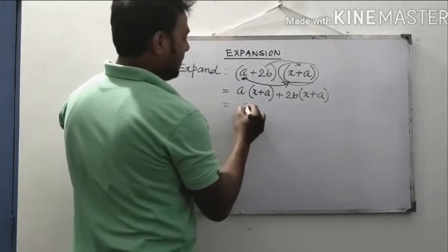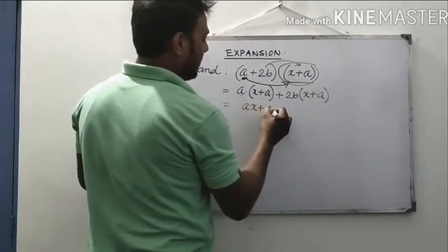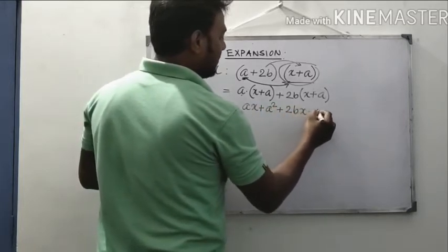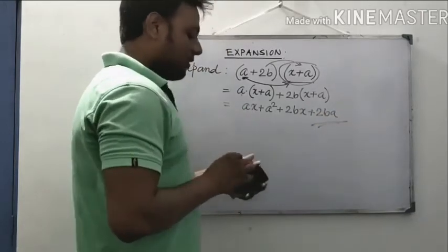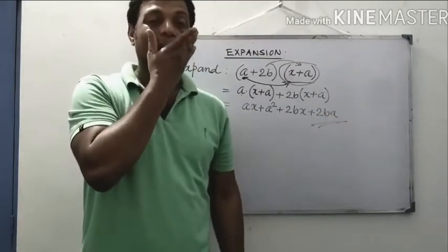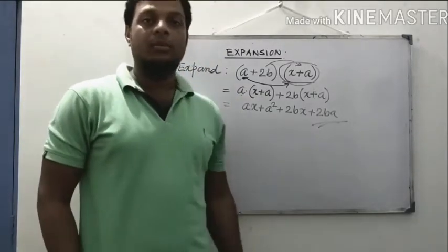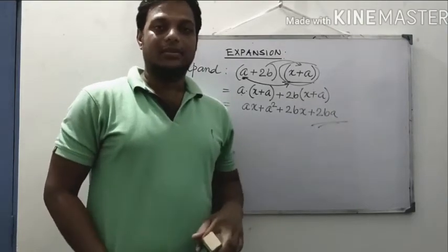So it is ax, using the distributive property, plus a square plus 2bx plus 2ba. This is the expanded form. I hope all of you are able to expand this kind of problem, and you have solved this type of problem various times.